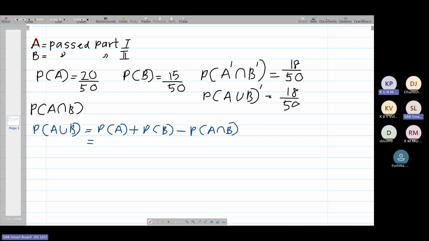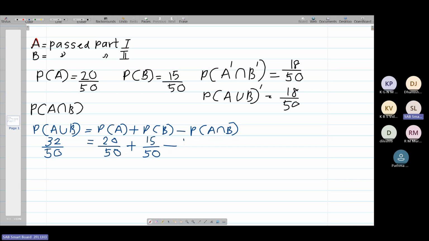Then what is the union value here? What is the probability of union? The complement of union is 18 over 50. Then what is the union? 32 over 50, the remaining part. Okay, so union is 32 over 50. Then probability of A is 20 over 50, plus B is 15.